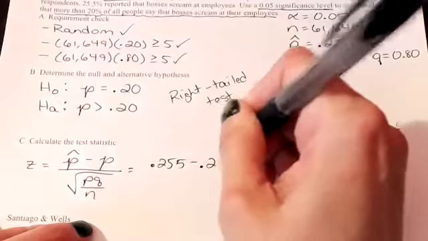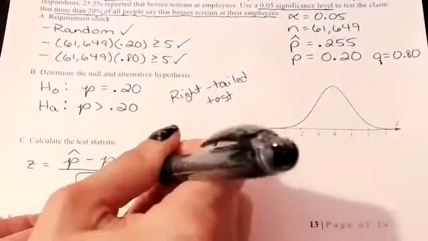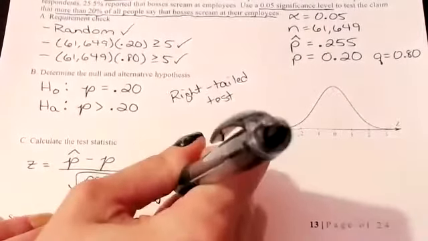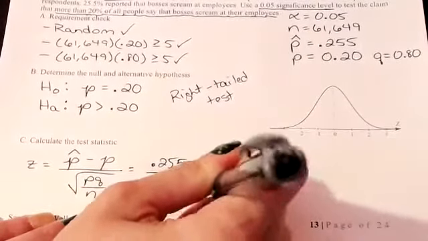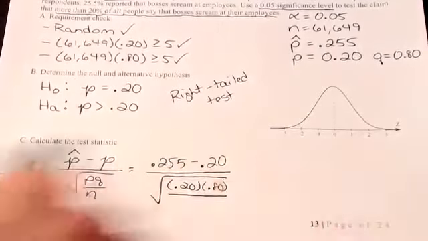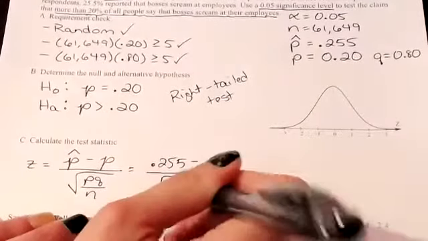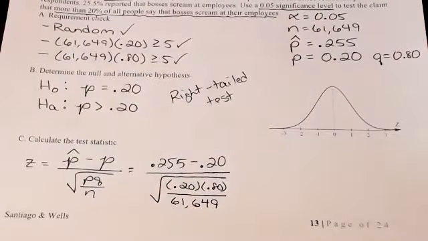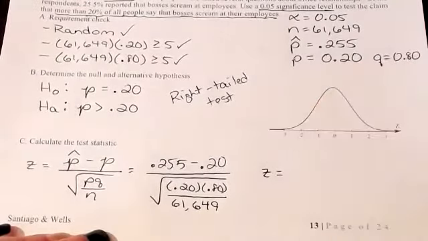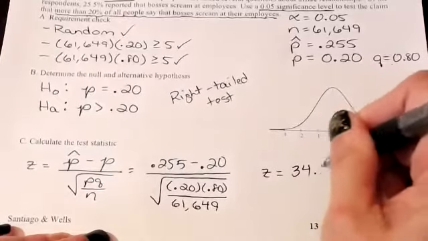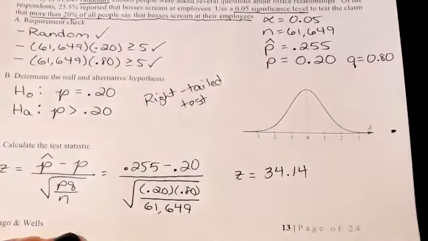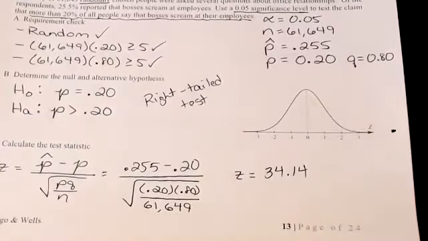Our P value is 0.20 divided by the square root of P times Q, so 0.20 times 0.80 divided by N, and N in this case is 61,649. When all is said and done, as crazy as this is, you find that your Z-score is 34.14, which is way over here. Right? It's like boop, all the way over here. I know it's way longer, but we're just going to say that.